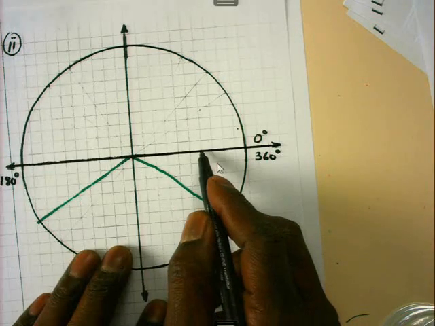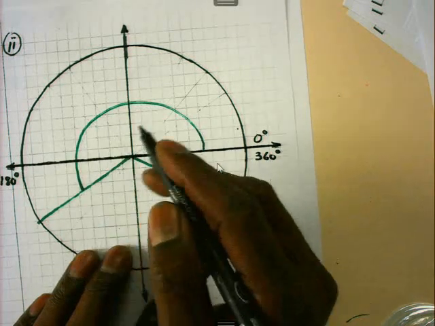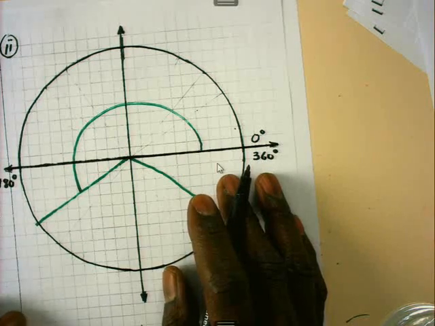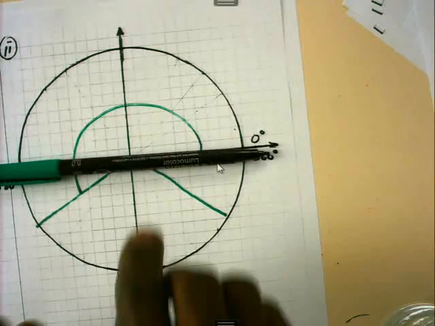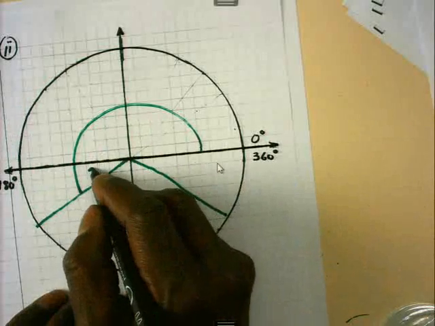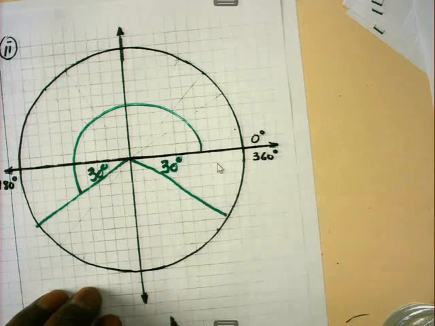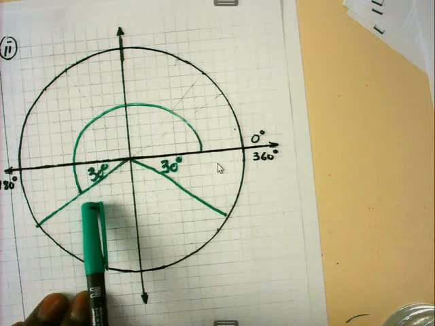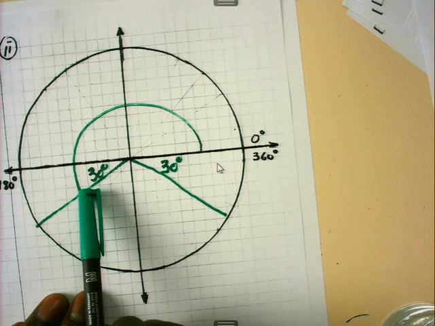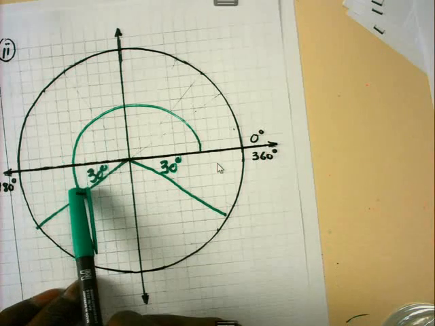So we're going to start from here. We go up to there. Oops, I must first write the reference angle. Remember, I must first write the reference angle. Our reference angle was 30 degrees and 30 degrees there. So from here up to there, that angle will be 180 degrees plus that angle.